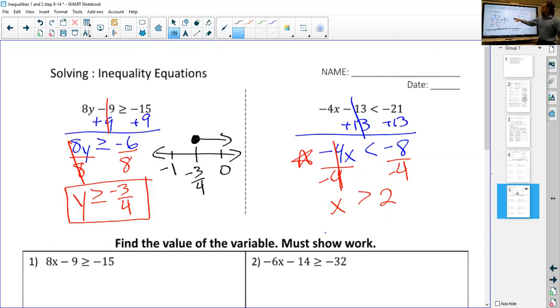So when we say greater than or equal to, less than or equal to, we use a filled in dot to show that not only is it everything to the right of that point, but it's also including that point itself. Okay? Again, you don't have to graph any of these today, but later on you're going to see it. So I figure why not let you know now.